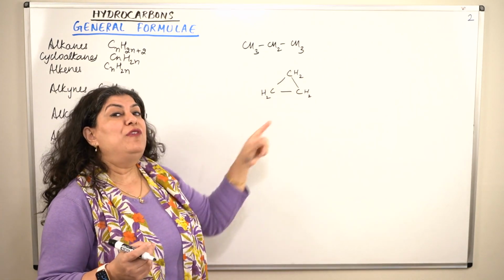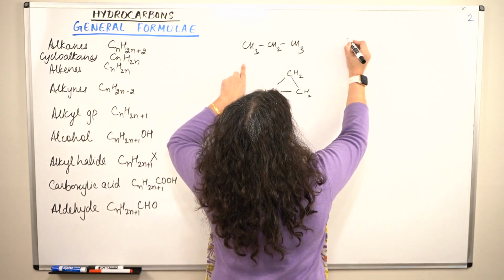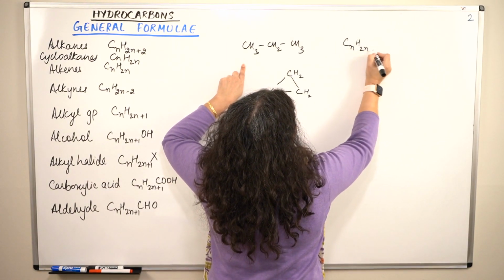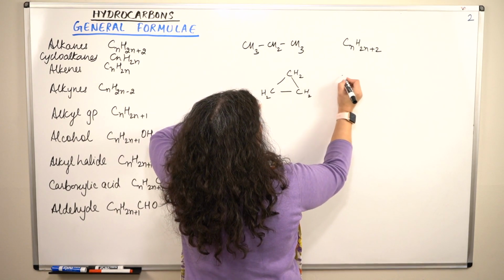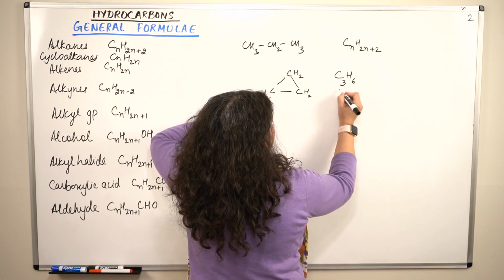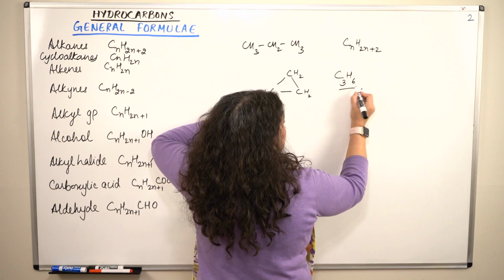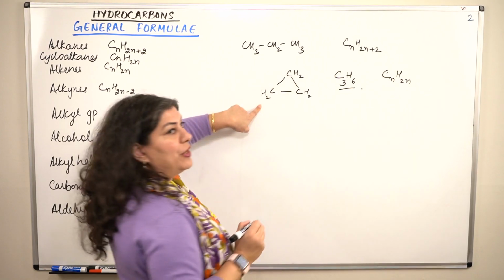So what would the general formula of this be? We know that the general formula of alkanes was CnH2n plus 2. Let us see here, what is the formula? If I write just the number of carbons and hydrogens, it is C3H6. So what do I see? 6 is twice of 3. So we'll say CnH2n is the general formula.